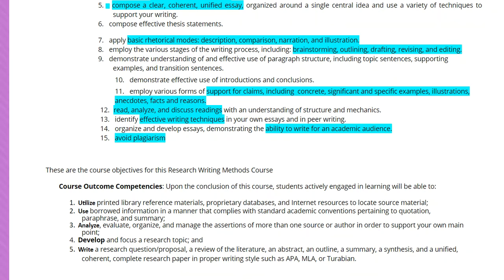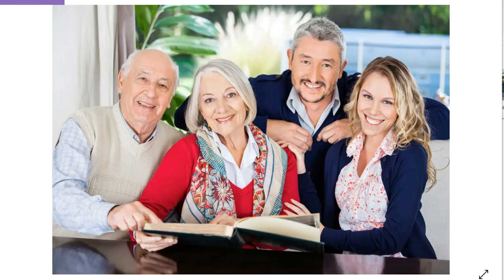So, let me show you something just real quick. I'm showing you a picture of happy, smiling people eager to learn. You may not be feeling that way right about now after looking at this prerequisite skill list. So I want to tell you that I can relate to any of you who might feel a little overwhelmed by the competencies that you're supposed to already have. And I want to share something with you real quick that's kind of off topic, but just to let you know that I understand.